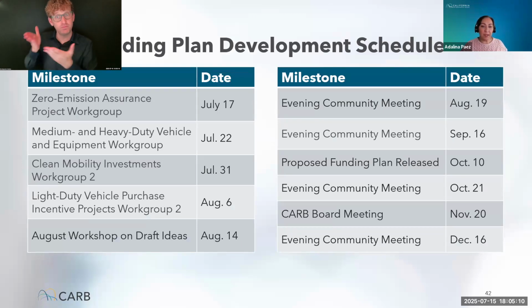All right. As mentioned earlier, June and July are more intensive months to collaborate with everyone to develop the proposed funding plan. In August, we'll discuss the draft ideas in a workshop and recap that information at the next evening community meeting a few days later. Staff will then write the proposed plan and post it to our website on October 10th, when you'll have an opportunity to review and comment on the plan for 30 days.